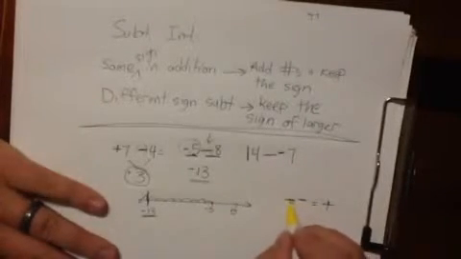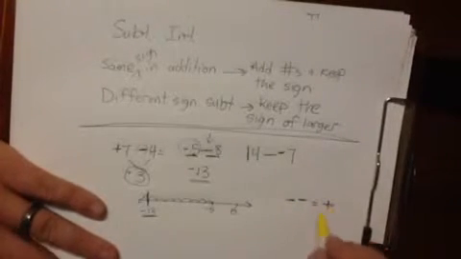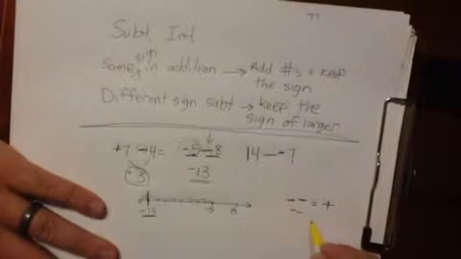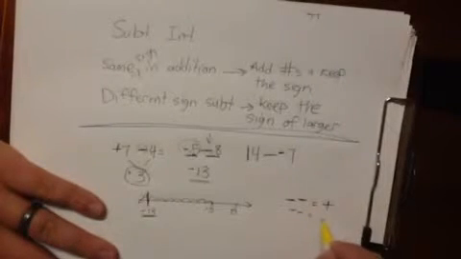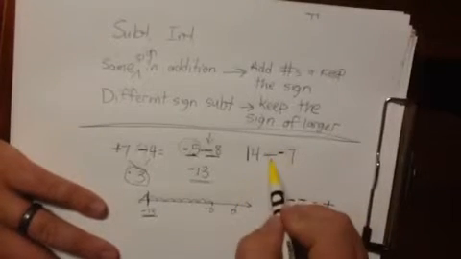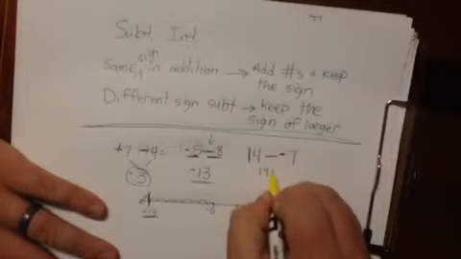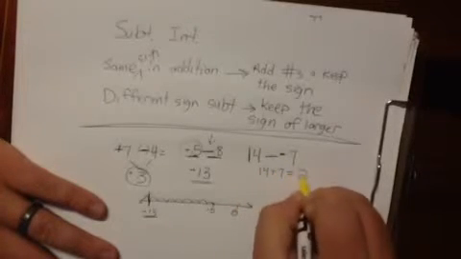Anytime you see those 2 negatives right next to each other, you can convert it to a positive. So all we got to do is simply change this to 14 plus 7, and then we have 21.